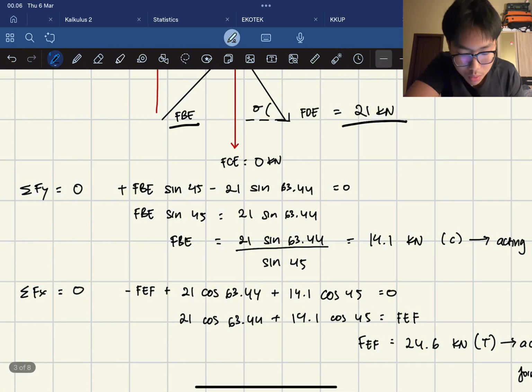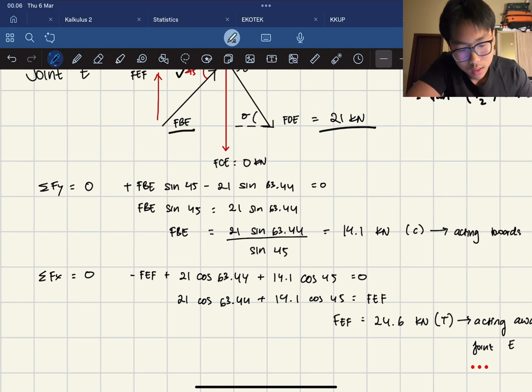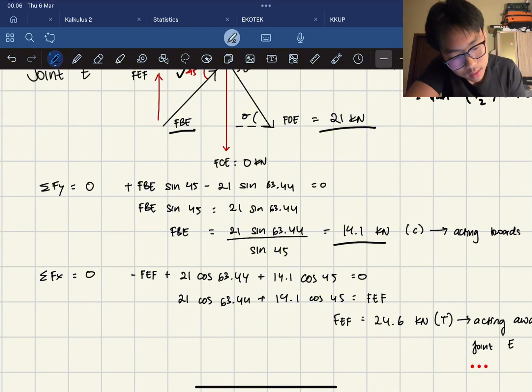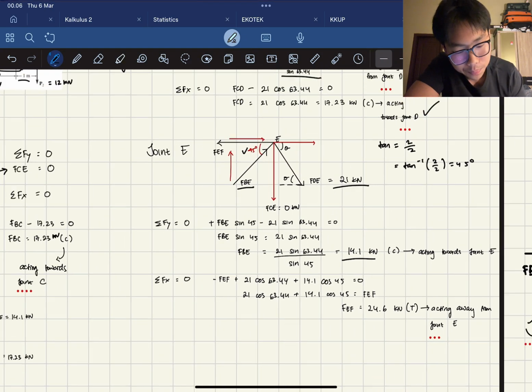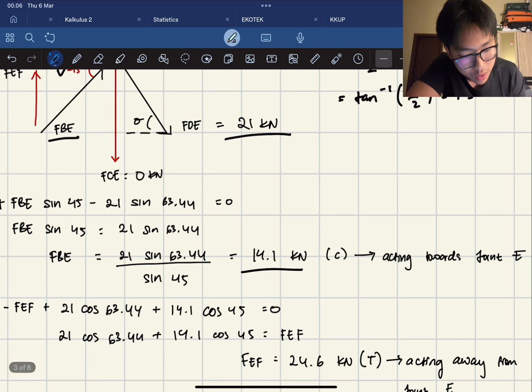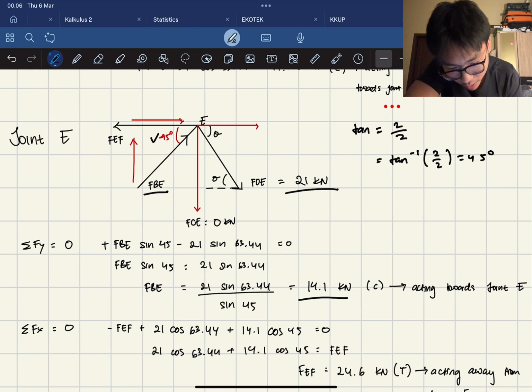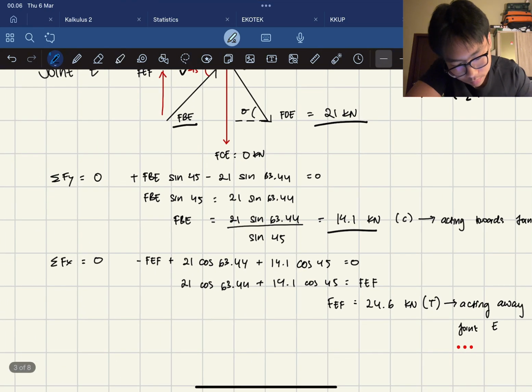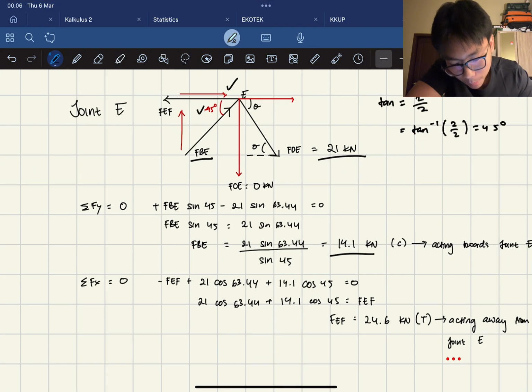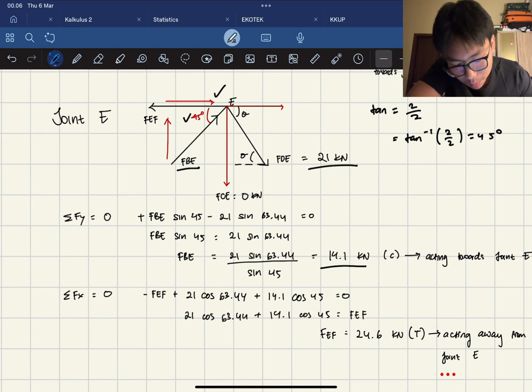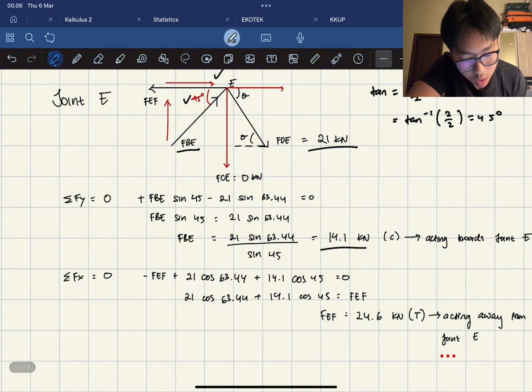Then we substitute: FBE sin 45 equals 21 sin 63.44, and we divide it, we get 14.1 kN, and the state would be compression because FBE is moving towards joint E. For sigma Fx, the formula would be FEF plus 21 cos 63.44 plus 14.1 cos 45 equals 0.